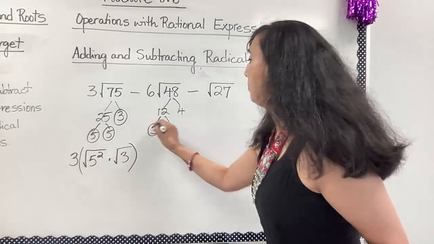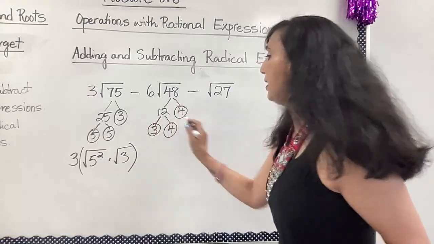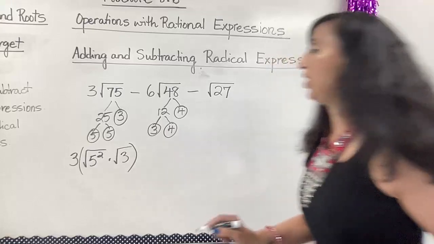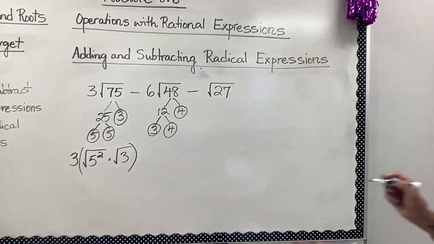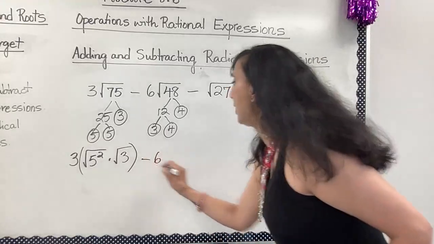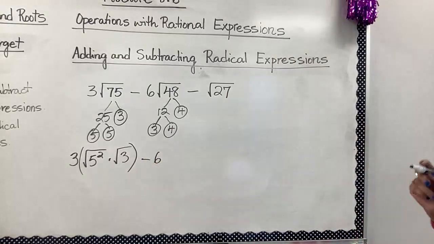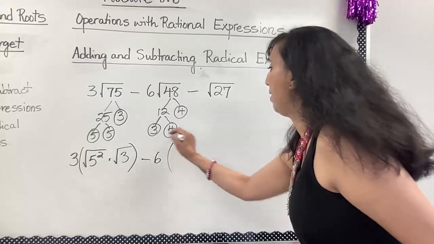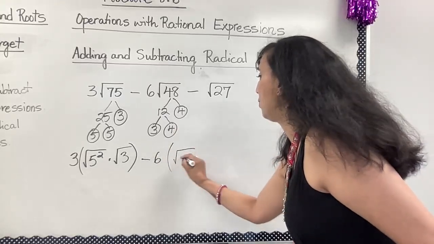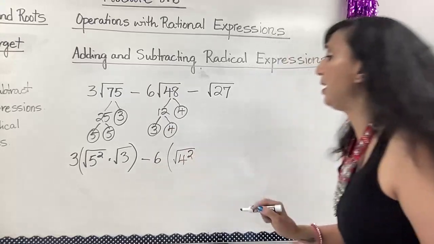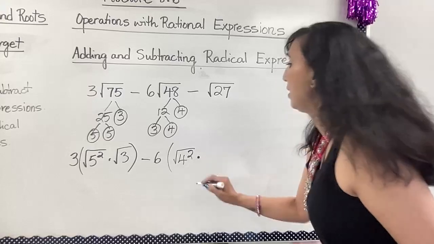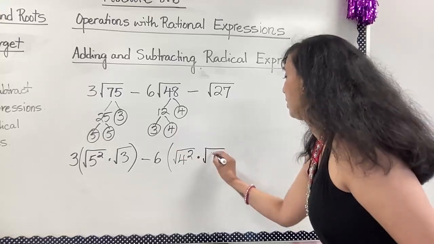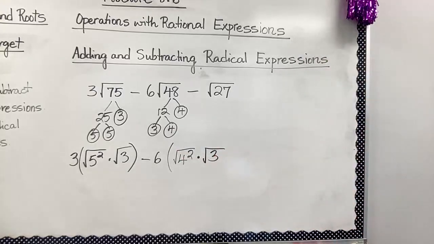So I am going to circle this and then I'm going to put it over here. So then next I have minus 6, right? And then this is times, then I have what? Square root of 4 squared times root 3.